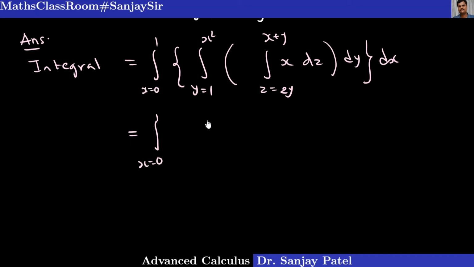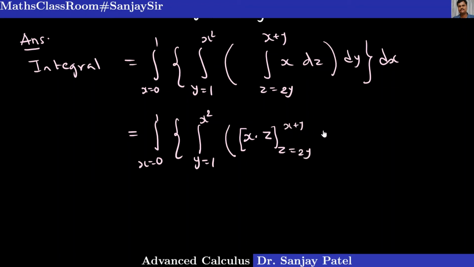Okay, no need to write that. And here y is equal to 1 to x square. X is constant, so the integral of x with respect to z is x into z, because you can treat this as x into 1, and the integral of 1 with respect to z is z. And we have to substitute the limits z is equal to 2y and z is equal to x plus y. And this is to be integrated with respect to y and then with respect to x.